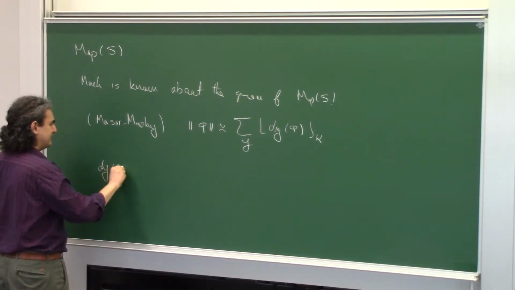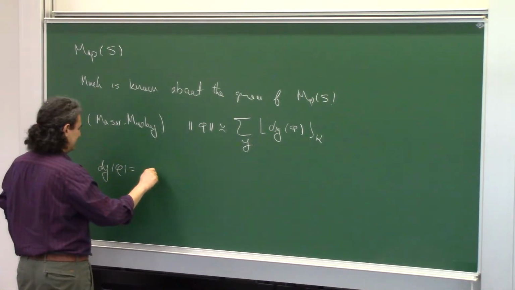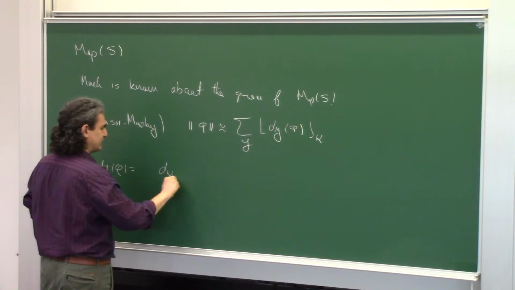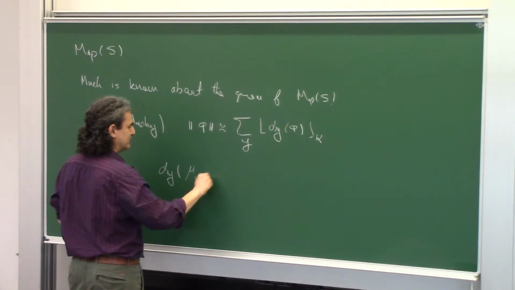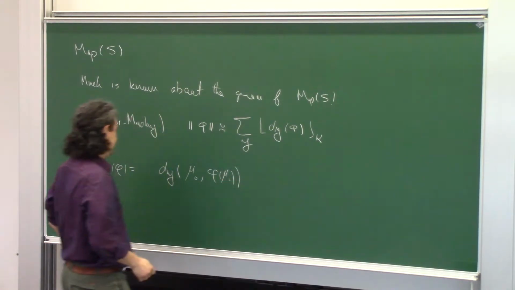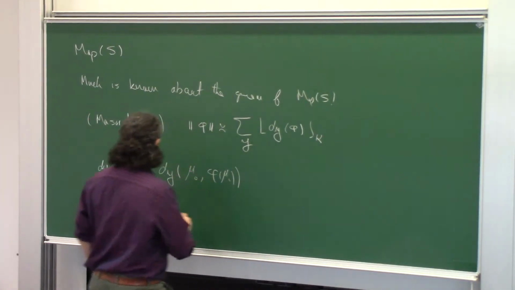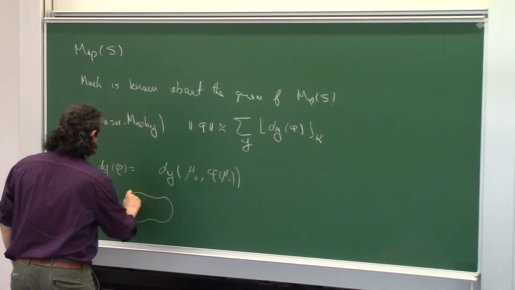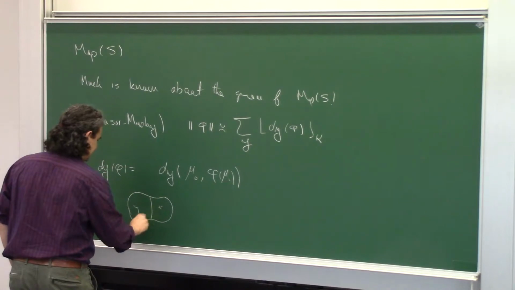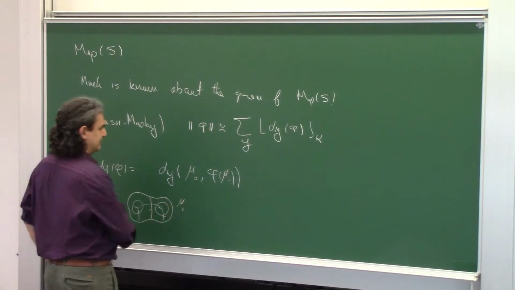The dy of phi is, you pick your mu0 to be a fixed marking, and then you look at the subsurface projection distance between mu0 and phi of mu0. So this is a measure of complexity coming from the subsurface. So mu0 is some fixed marking.